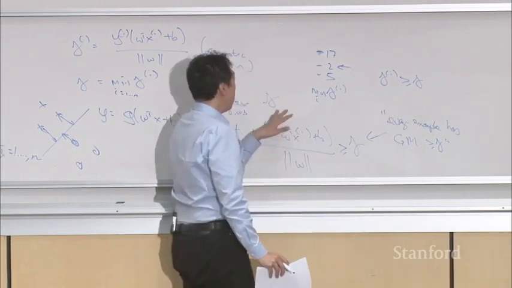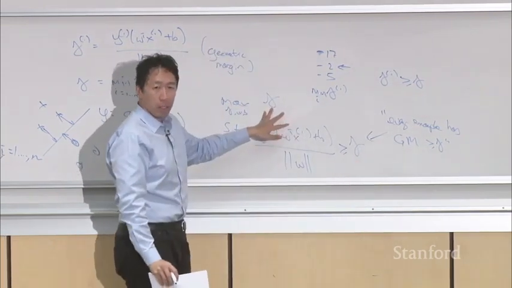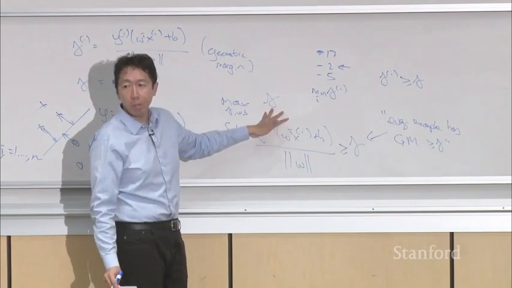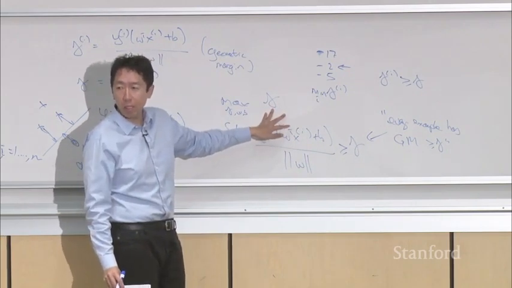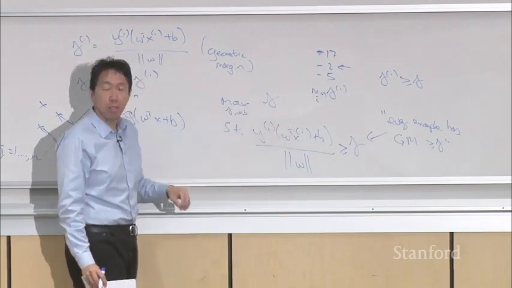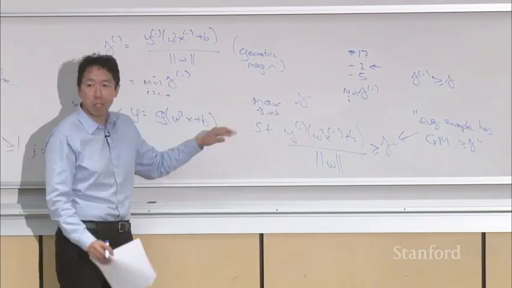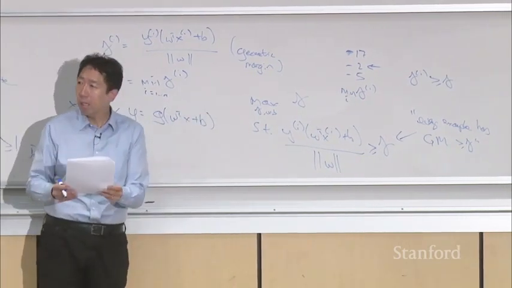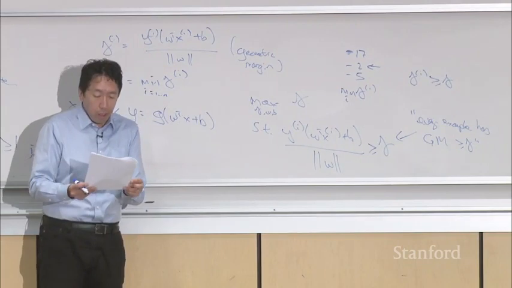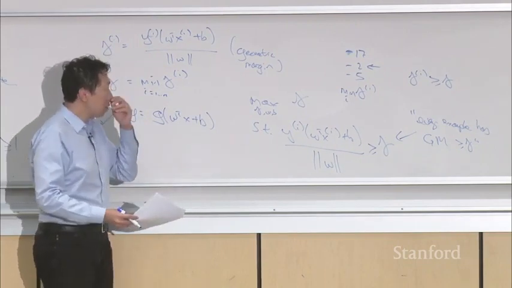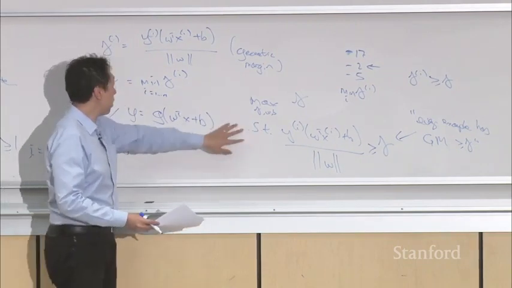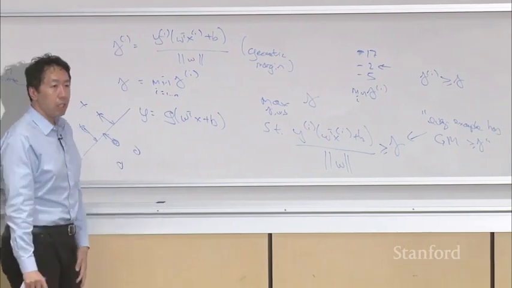And so lifting gamma up, maximizing gamma, has the effect of maximizing the worst case example's geometric margin, which is how we've defined this optimization problem. Okay.